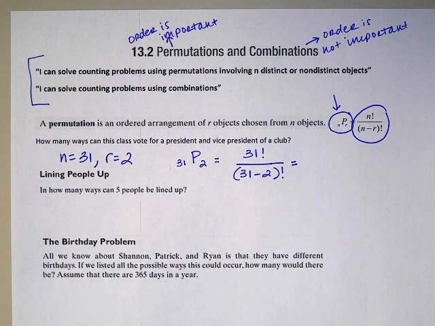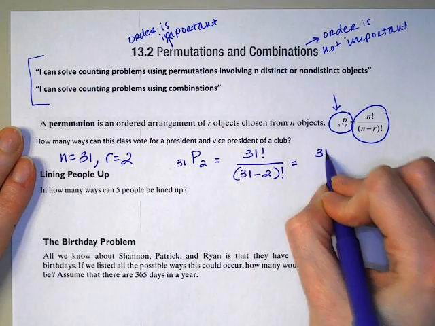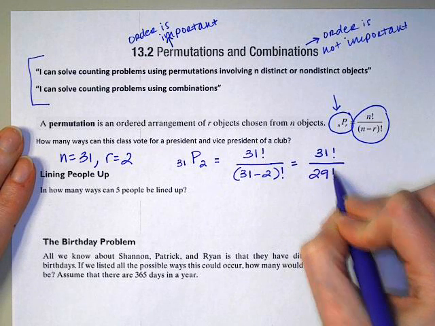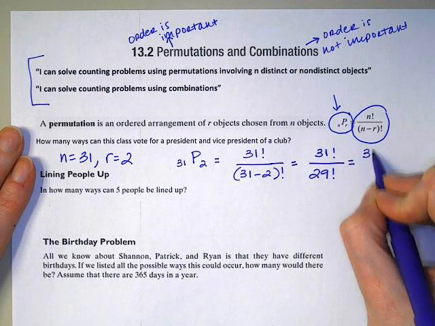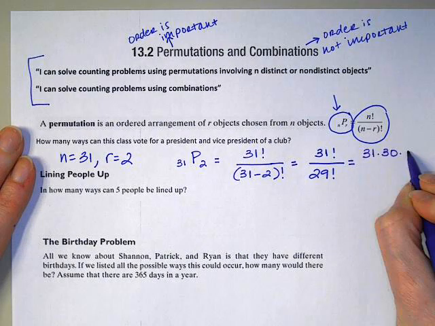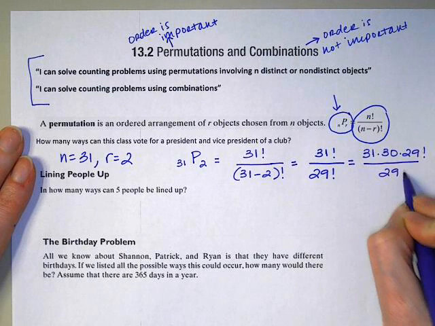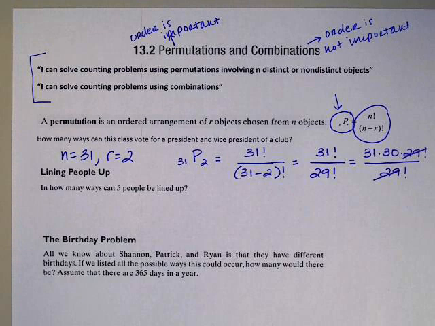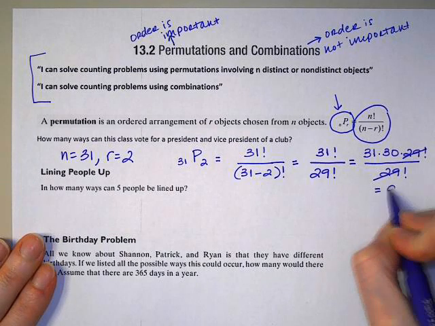And another way to do it, I'll show you all the ways, we could do 31 factorial over 29 factorial, but 31 factorial is really just 31 times 30 times 29 factorial, all over 29 factorial, and then these could cancel, so in the end, it's just 31 times 30. And that's going to be 930 ways.